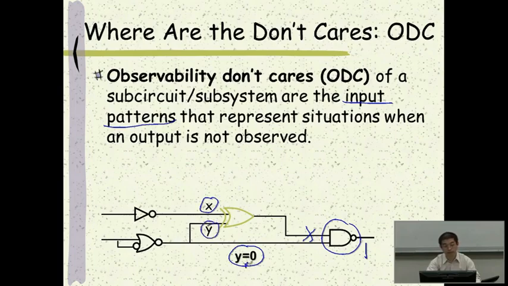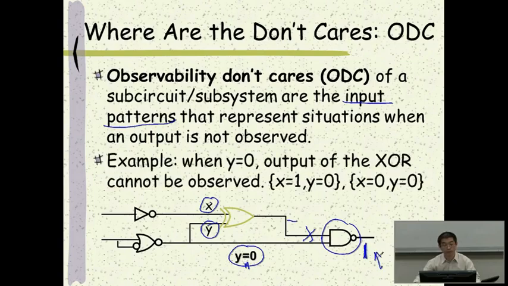As long as y is 0, this is always 1. The changes on this part will not be observed from outside. So in this case, when y is 0, no matter whether x is 0 or 1, I cannot observe the difference. This is called observability don't cares, or ODC.